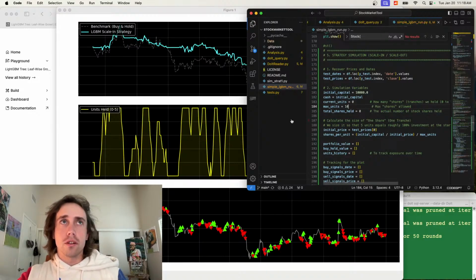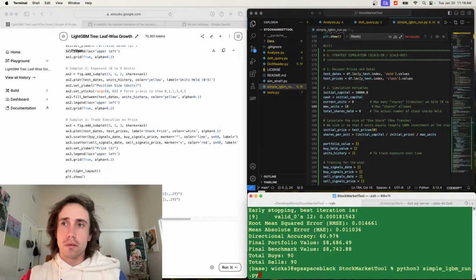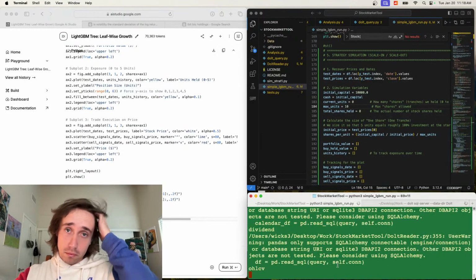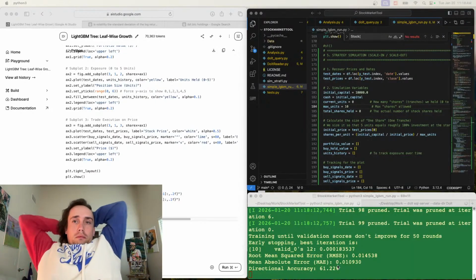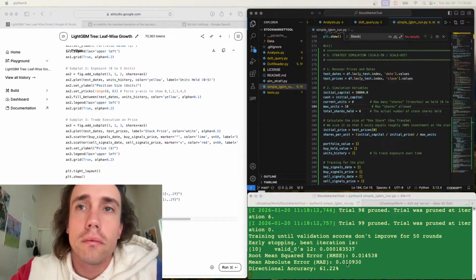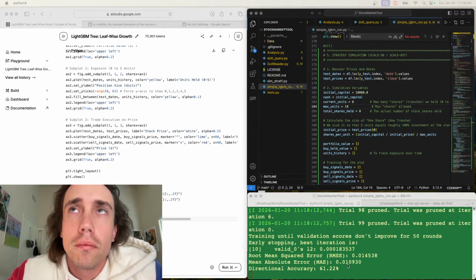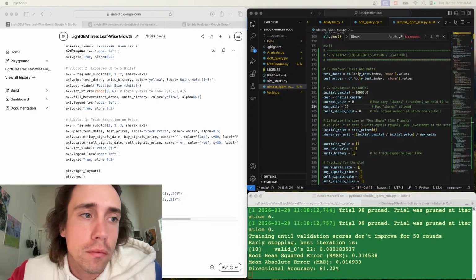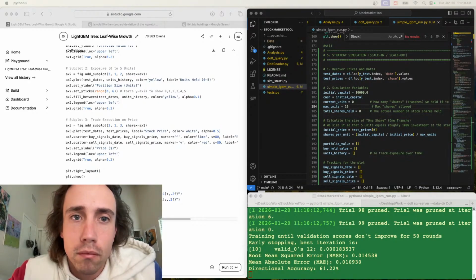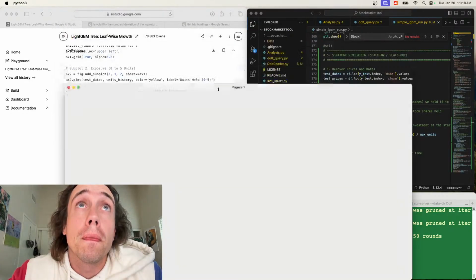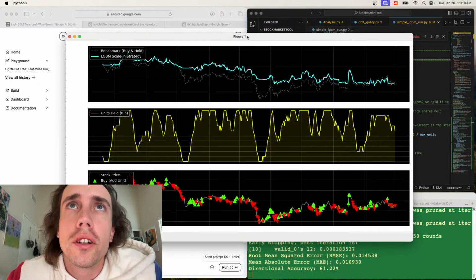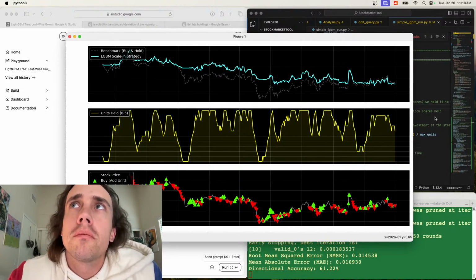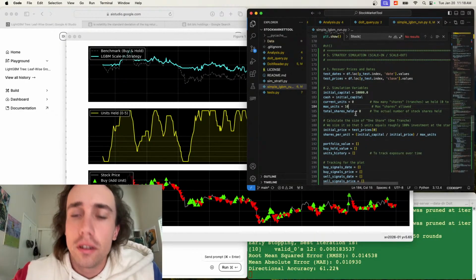What if we increase the max units? Yeah, so the next thing would be selling or buying in proportion to the, well, maybe I'll increase the number of, let's just increase the number of units to 100.